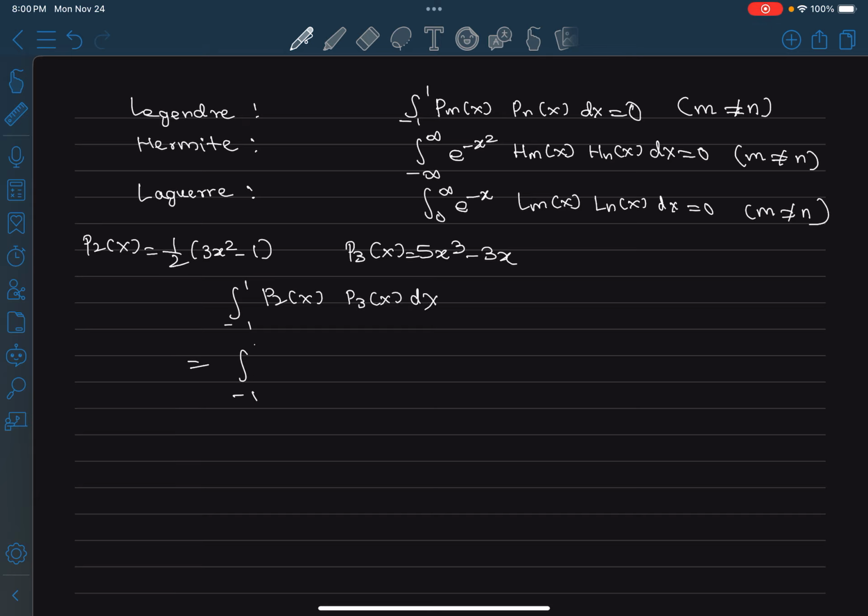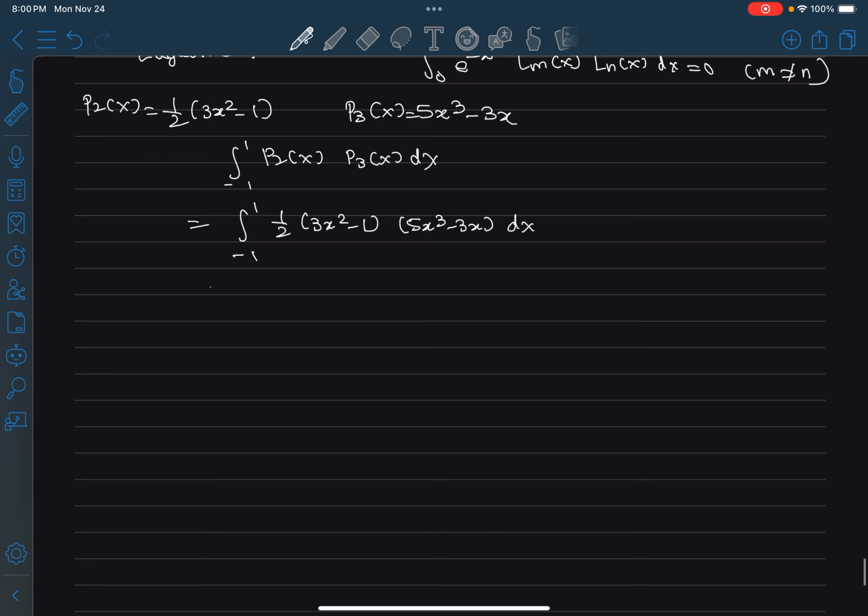So minus 1 to 1, I don't actually need the half, because it doesn't matter. I can just take the half outside, times 3x squared minus 1 times 5x cubed minus 3x dx, and this becomes 15x to the power 5 minus 9x cubed minus 5x cubed plus 3x dx, right?